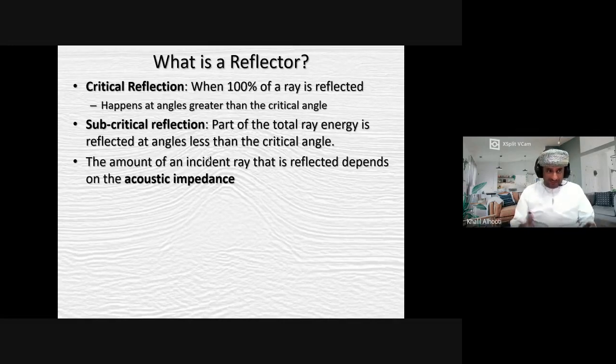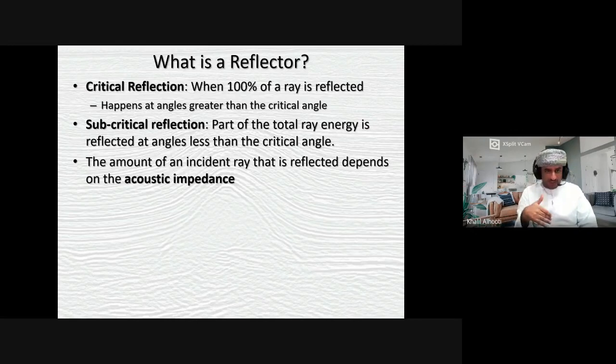Do you remember the critical angle? And we already know what the critical distance is. If a ray is reflected from a distance beyond the critical distance, we call that total internal reflection. Most of the energy is reflected.